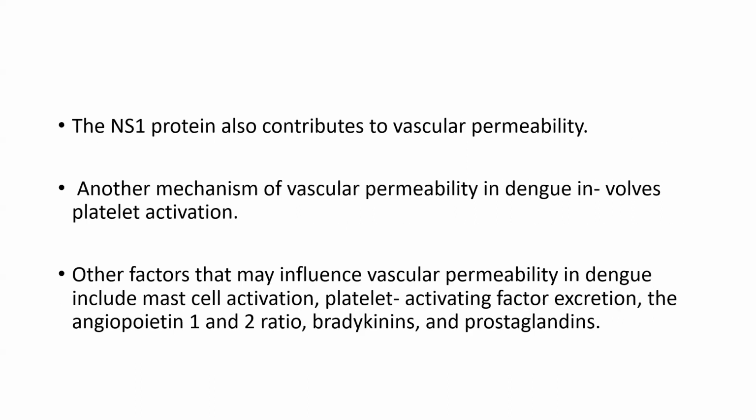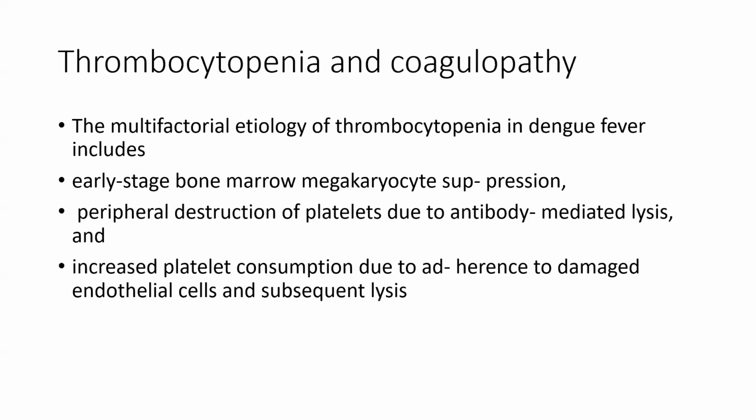The NS1 protein also contributes to vascular permeability. Another mechanism of vascular permeability in dengue involves platelet activation. Other factors that may influence vascular permeability in dengue include mast cell activation, platelet-activating factor excretion, the angiopoietin 1 and 2 ratio, bradykinin, and prostacyclins.